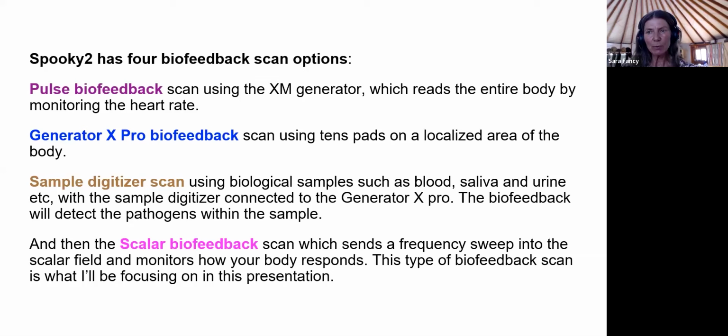So a lot of times people use that when they have flu or something like that, and they put their mucus on there. And then you have the scalar biofeedback scan, which sends a frequency sweep into the scalar field and monitors how your body responds. This type of biofeedback scan is what I'll be focusing on in this presentation.